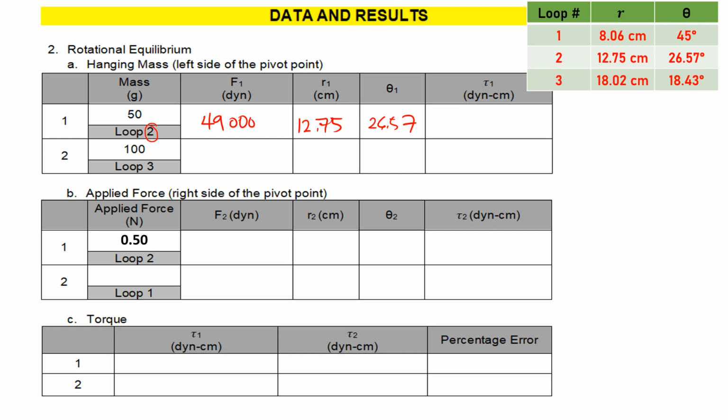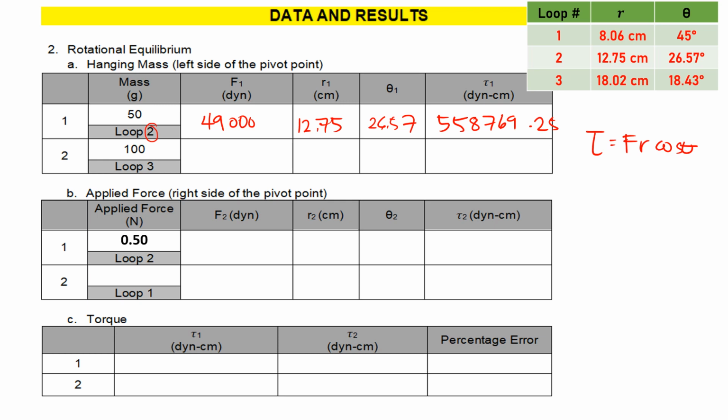The formula is F1 R multiplied by cosine theta, FR cosine theta. So F is 49,000 multiplied by 12.75 and then multiplied by cosine 26.57. The answer here is 558,769.25. Let me round off this one into the decimal places.